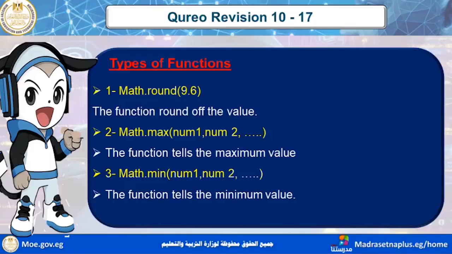The function rounds off the value, which means it removes or raises the value of the variable by 1. So we have here Math.round, and the number after the point is 6, so we have to round the value up, and Math.round is equal to 10.